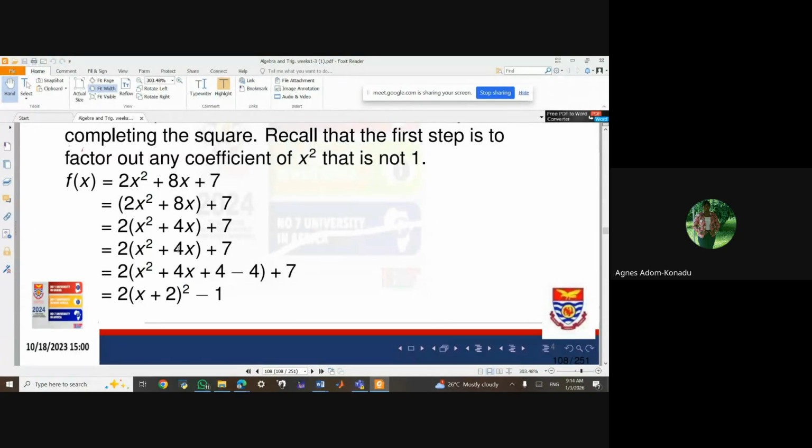When I simplify this, it's the same as x squared plus 4x, because the added and subtracted terms cancel to 0.